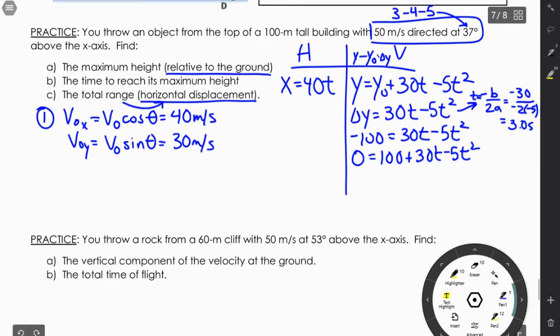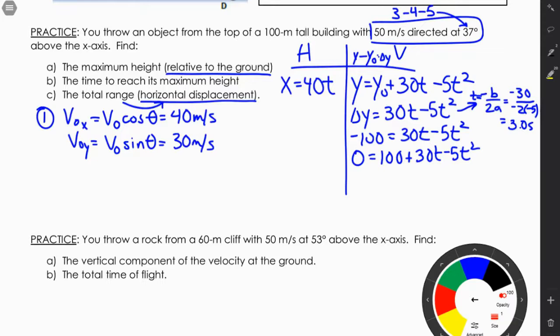And then we can just plug it back into our position function to figure out what that maximum height is. So the function I'm really going to use is this 100 plus 30, where I substitute y for 0. I'm going to plug in the 3.